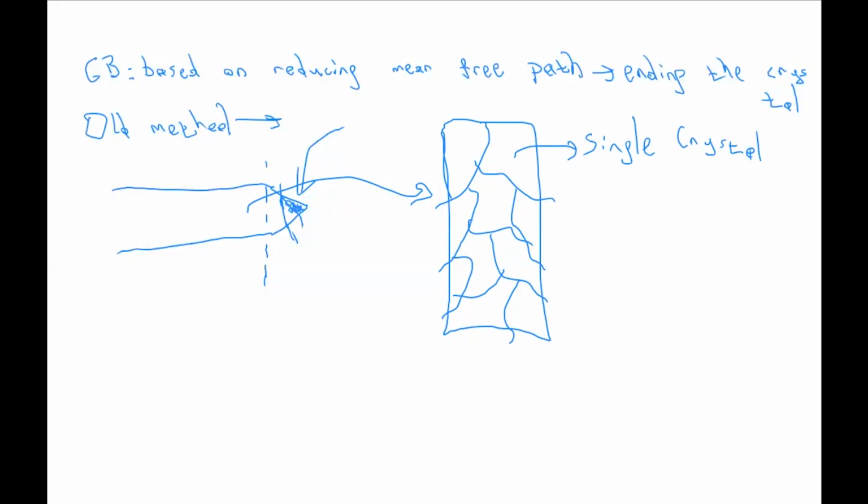Within each individual grain, there is a systematic packing of atoms, right? We have unit cells. This could be FCC, BCC, HCP.